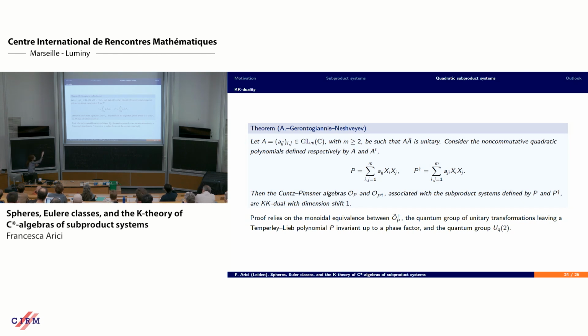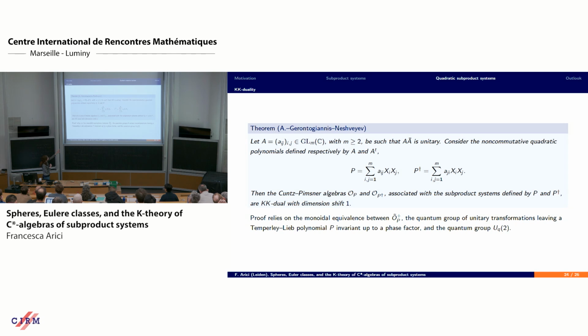So we defined an operation on the polynomials that gave us a new algebra that was actually isomorphic to the original one, but that allowed us to describe the KK duality in a more concrete way. And so basically, starting from a polynomial of this form, we defined the polynomial that we call P dagger, and we just swap the indices of the matrices that give you the polynomial.